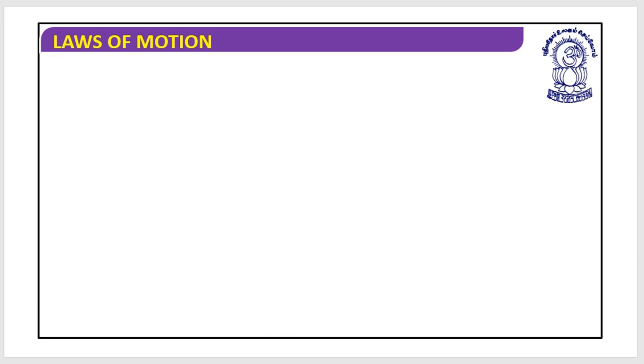One more thing: when we write it like this, F is equal to d by dt of p. We can have different relations. Let's have a look.